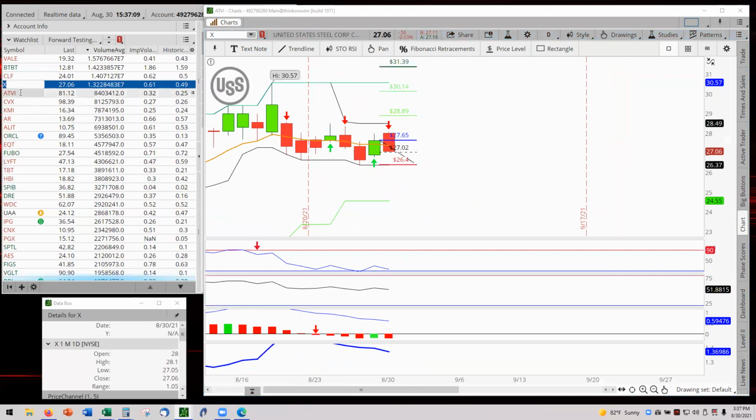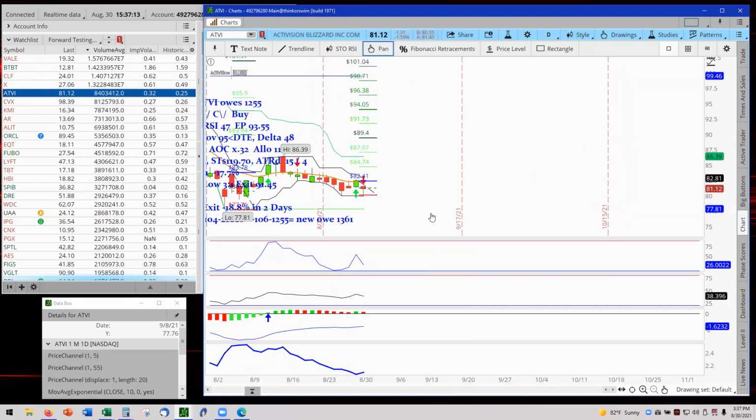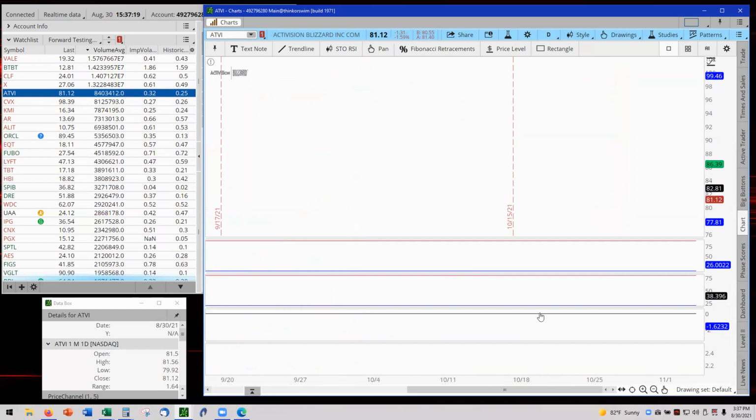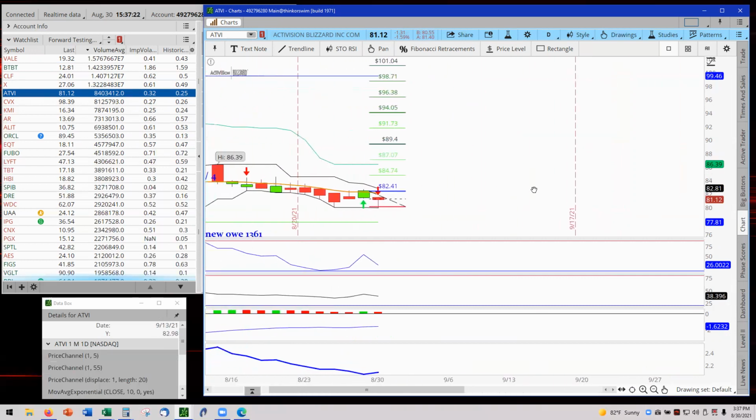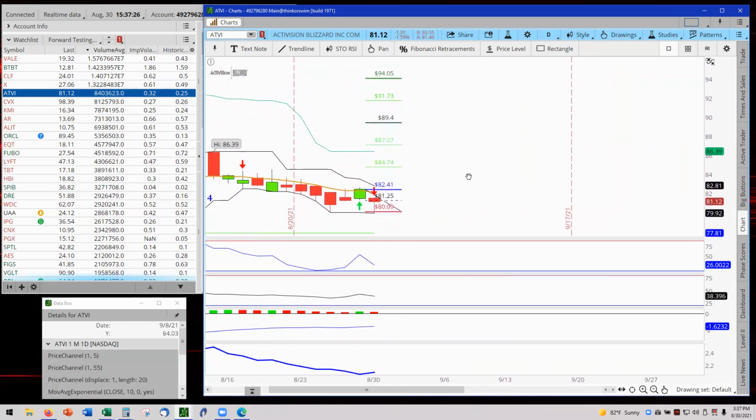Okay, next, ATVI. A little closer. Now you notice that ATVI has some data, which means it does owe me money, but since it's not in play, it will just be here in the forward testing. Another thing too, in Friday's scanner, we had a lot of candidates, and 3 or 4 were issues that are already in play at the alpha account. So they come off the board.